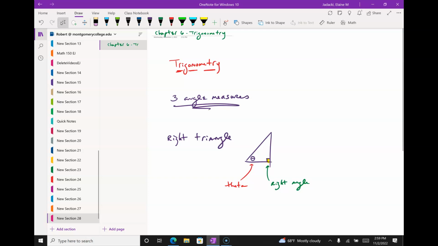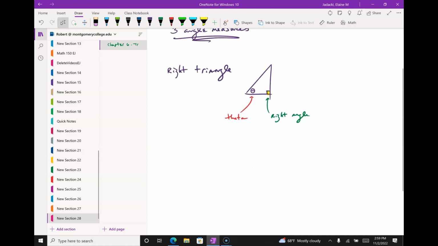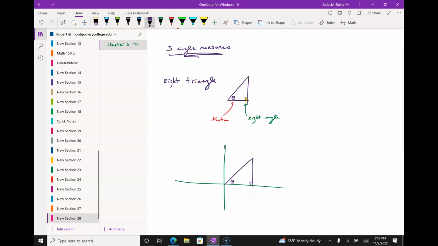So usually what we're trying to do is superimpose this triangle in the XY axis, okay, with theta being at the origin, and the top vertex being a point on the circle.